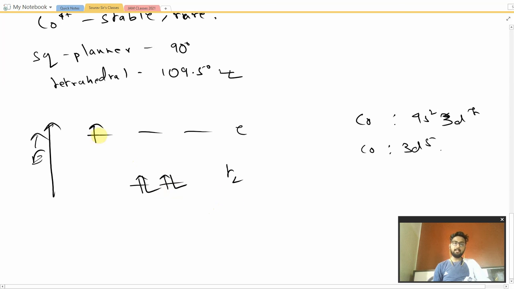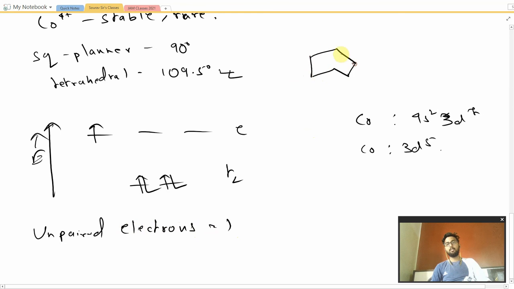One electron would remain unpaired, so the number of unpaired electrons would be equal to 1. And you must note that this ligand that is given is a strong field ligand.